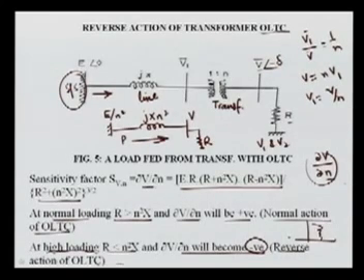From this equation you can say R plus n square X is always positive, and only R minus n square X is coming here. So this value can be negative or positive, because the denominator is always positive. So this depends upon this factor only, and from here we can decide whether it is positive or negative, depending upon whether R is less than n square X or more than that.